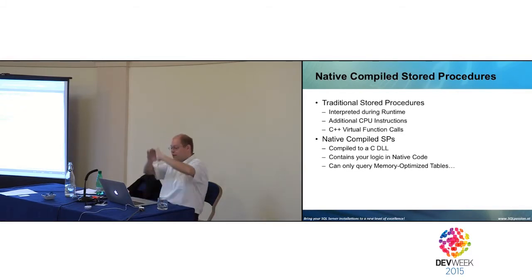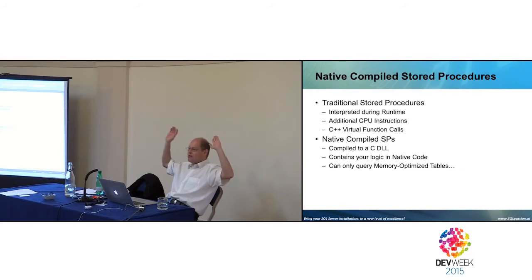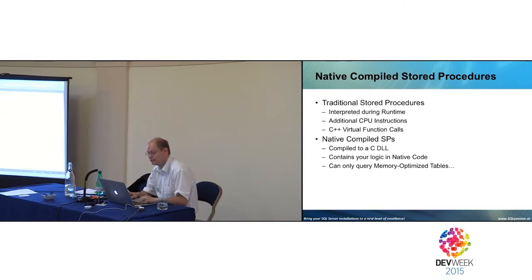And now I create a traditional SQL stored procedure. Just a traditional stored procedure, and again I'm just inserting 1 million rows in a while loop. We have 2 million hash buckets, no hash collisions, nothing. I just want to show you how slow an interpreted SQL stored procedure is. We have no hash collisions, we are not logging anything into the transaction log, we make everything as fast as possible in main memory with an interpreted traditional stored procedure.